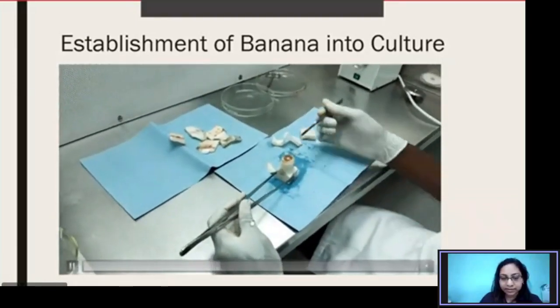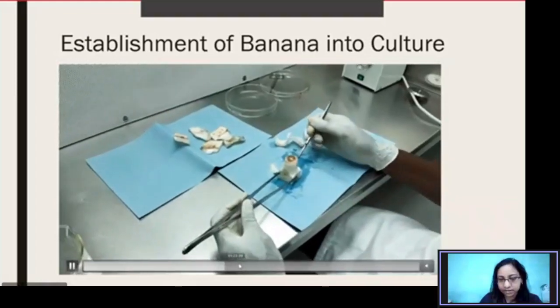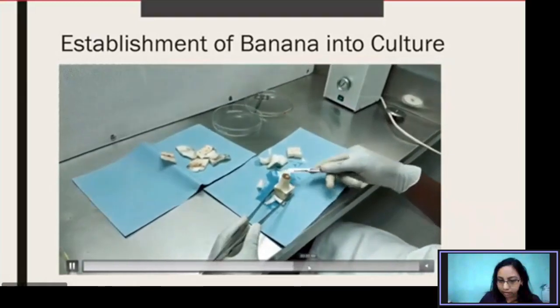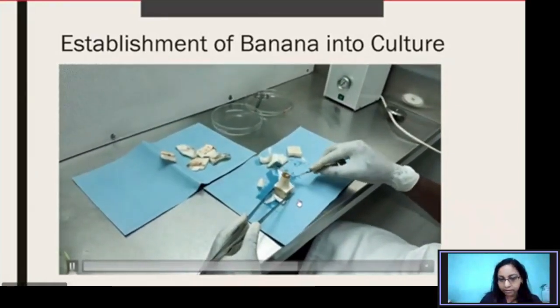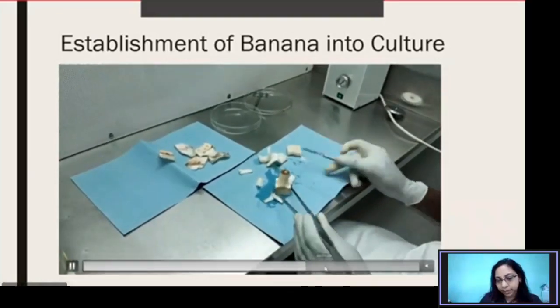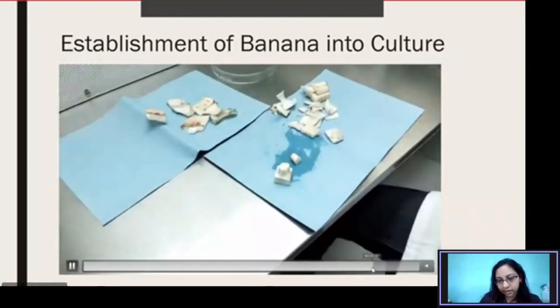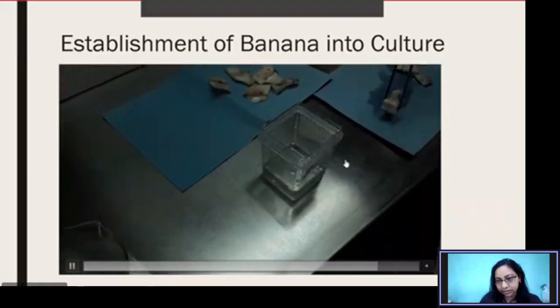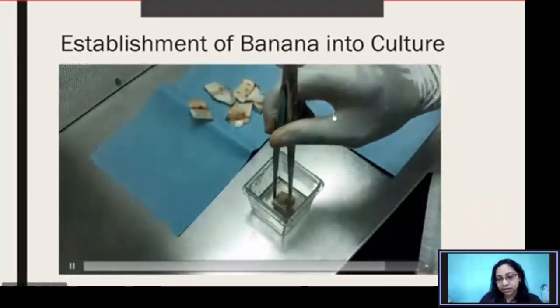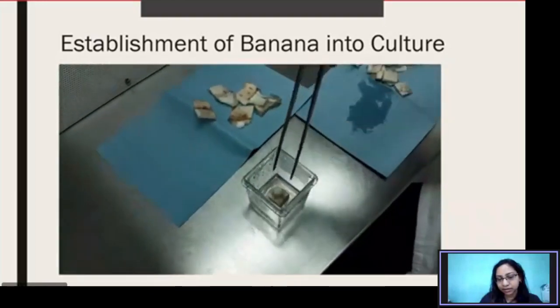This is a very delicate process, and we continue the peeling back of the banana pseudostem, but the final product will contain a piece of the pseudostem as well as a piece of the corm, and then it is initiated into culture as shown here.